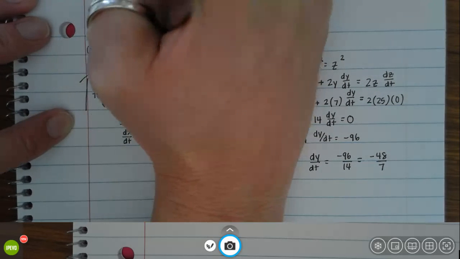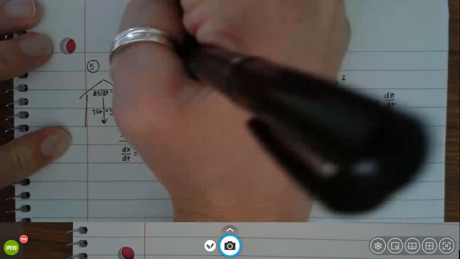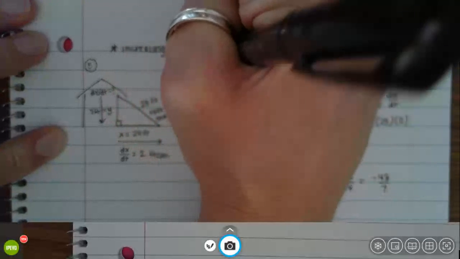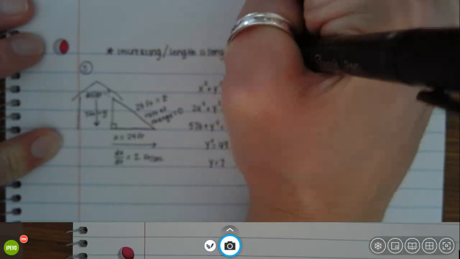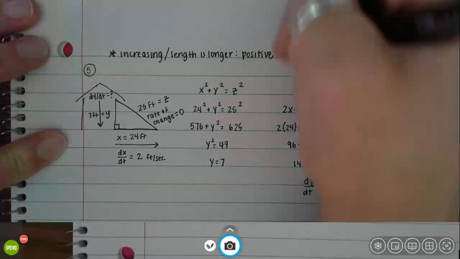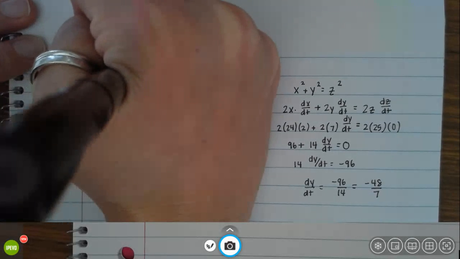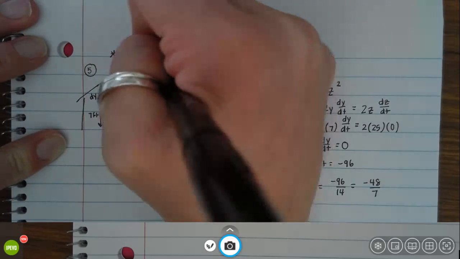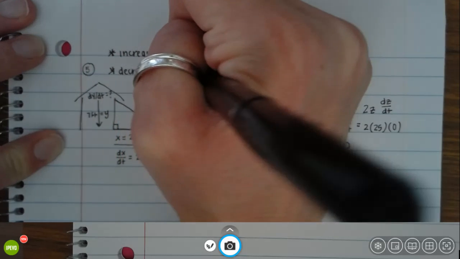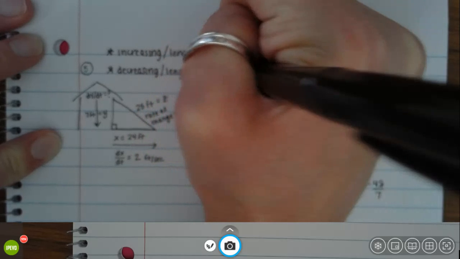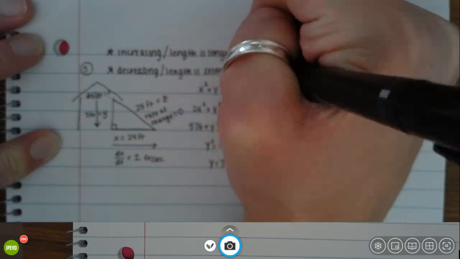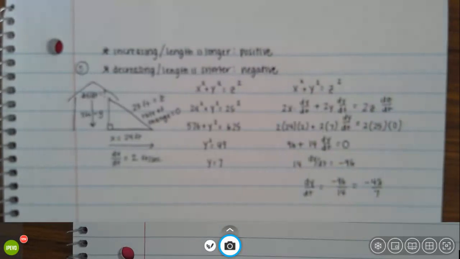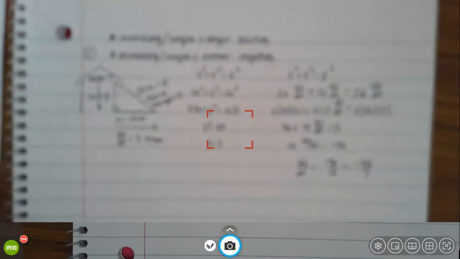When your rate is increasing or when the length is getting longer, you should be ending up with something that is a positive rate of change. When you're decreasing in size or your length is getting shorter, your rate of change should be a negative. So that's a good way to check to see if your ending value makes sense.